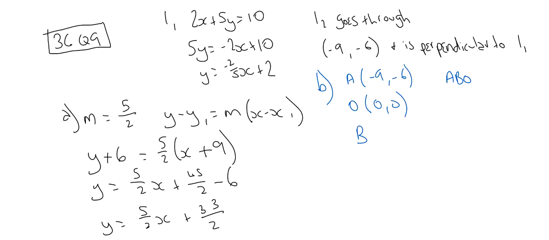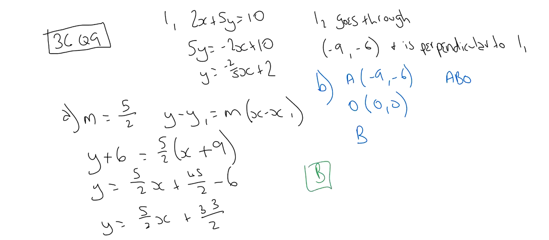If we're told that line 1 and line 2 intersect at point B, well, we just need to make these two equations equal each other, right? We've already got them in the right form, y equals. So I'm going to swap colors again. This is going to be point B I'm finding.